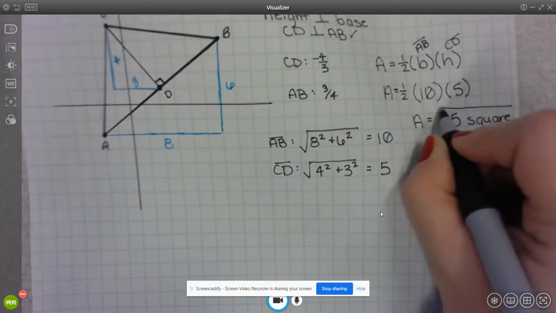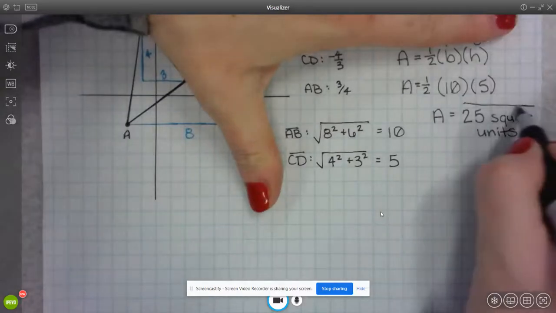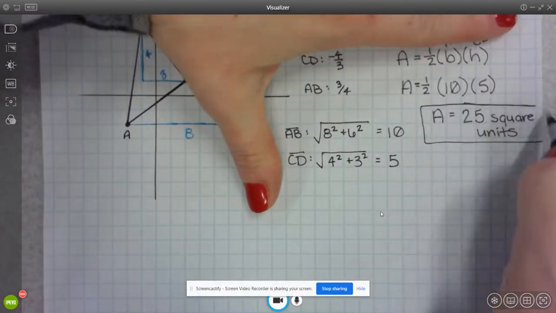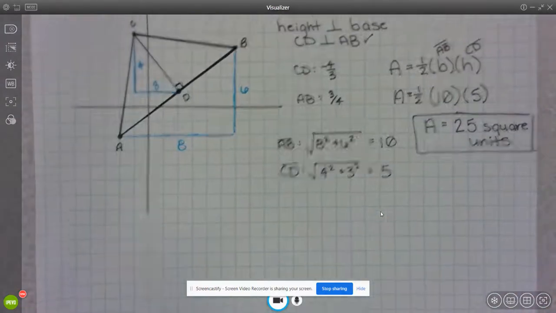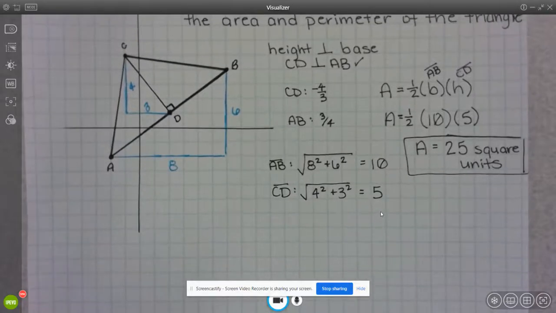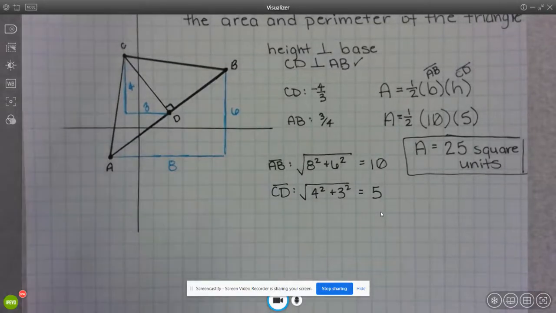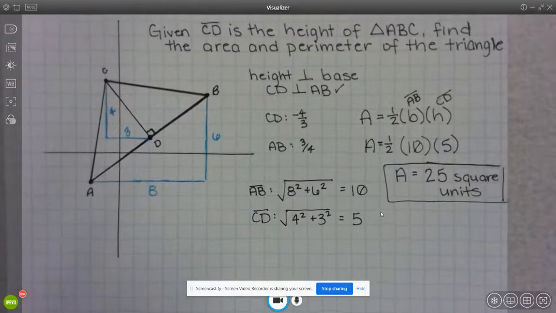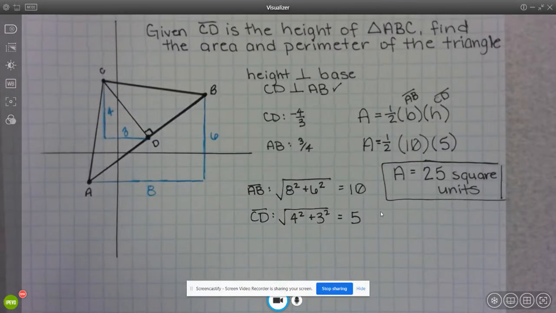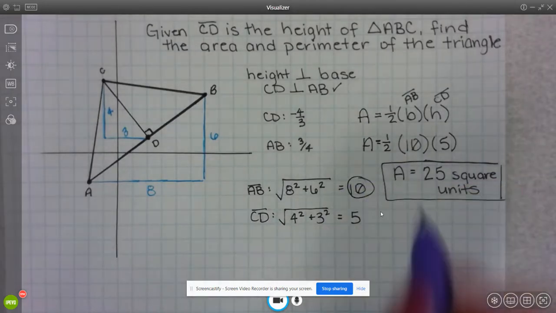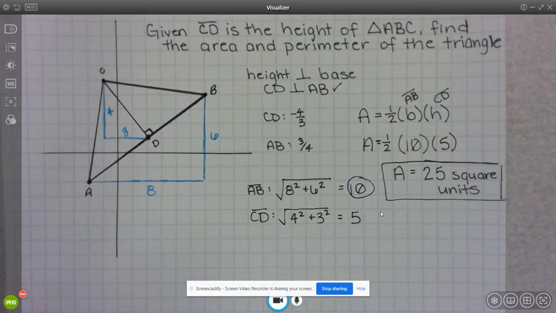And it's square units because area is a two-dimensional measurement. All right, so I have area taken care of. I need to do perimeter. And for perimeter, I need everybody on the outside. So I'm going to need AB, but I'm also going to need AC and CB.